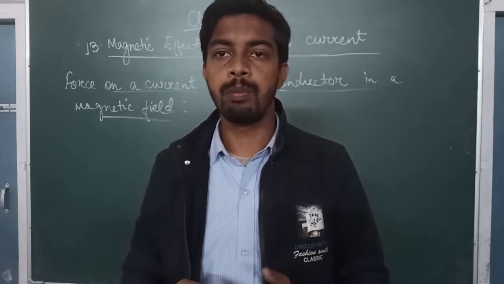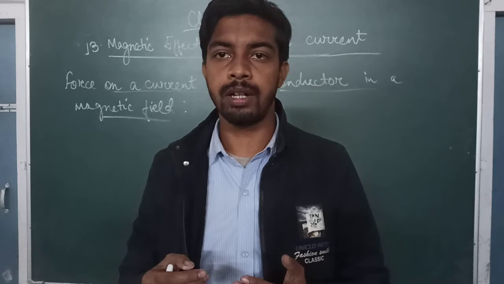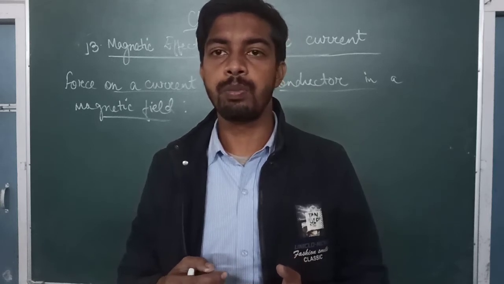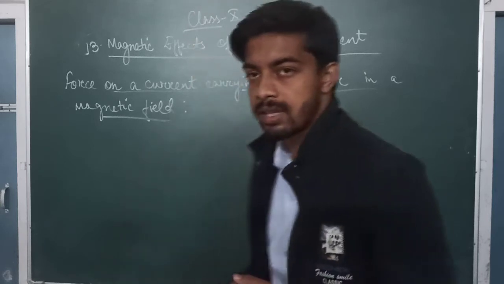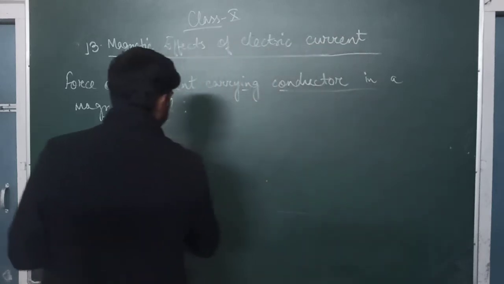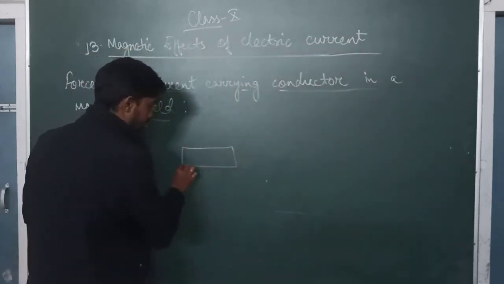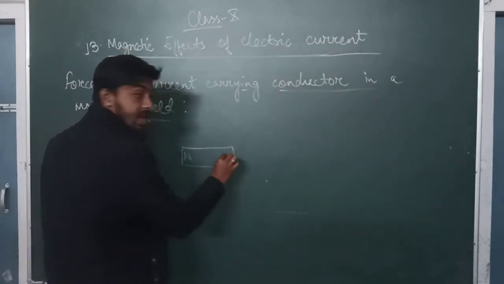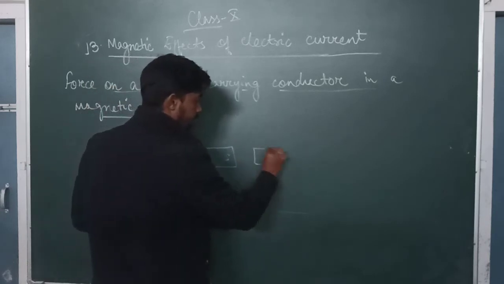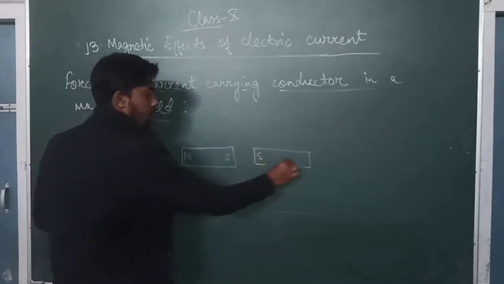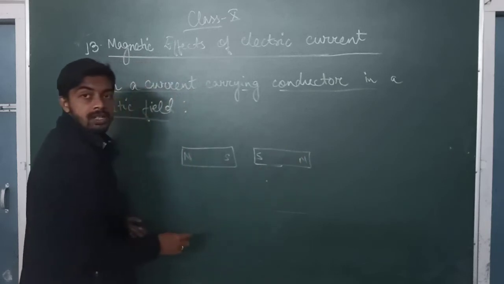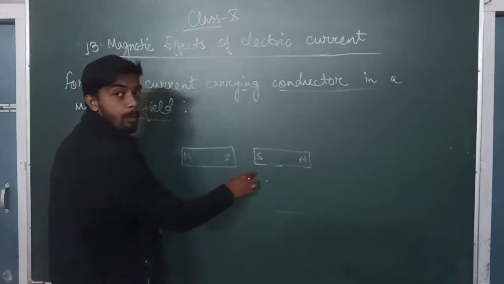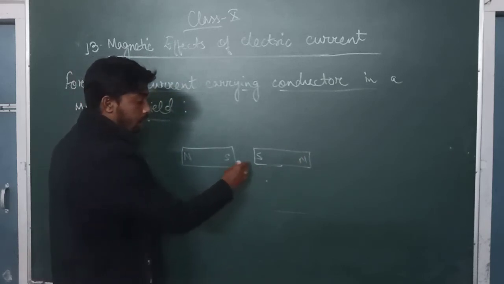And we know when we bring two same poles of a magnet close to each other, then these poles start to move. For example, if I have a magnet here, north, south, and I have another magnet, south, here, north. What happens when two same poles are close to each other?